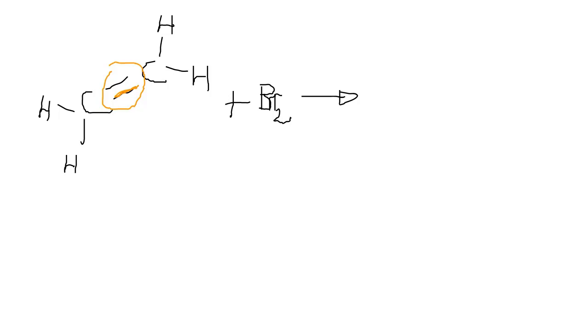So when we add in the test, we add bromine. This can be orange if it's diluted, can be yellow, a solution you can see yellow. And then once you put them together, you put a few drops of bromine, what is going to happen? This bond breaks and is going to form a new one here.